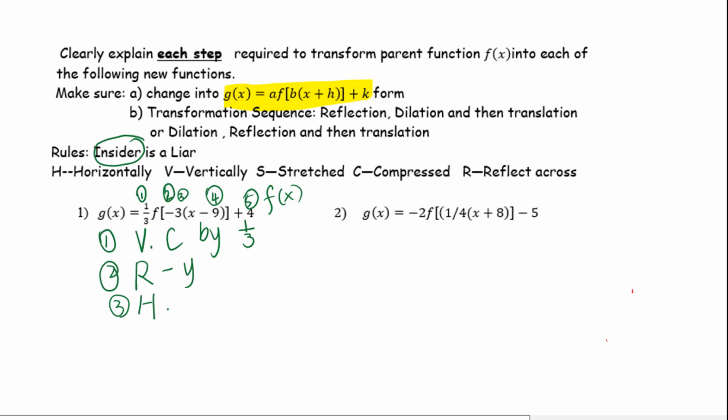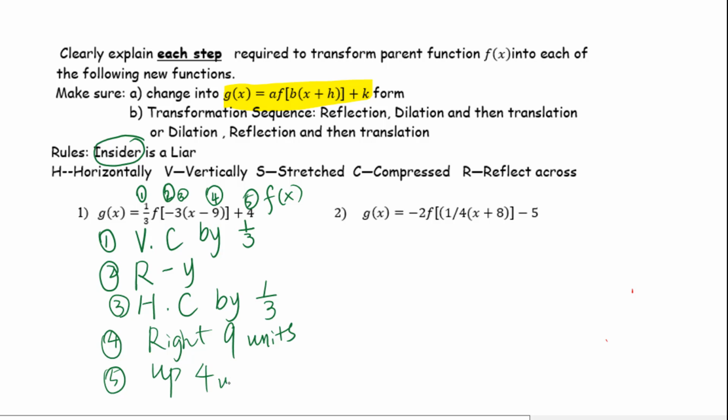The rule is inside is a layer. Therefore, for this 3, we will do a compression by a factor of 1 over b, that is 1 over 3. For number 4, still inside is a layer. Translate to the right 9 units. For step 5, translate up 4 units.